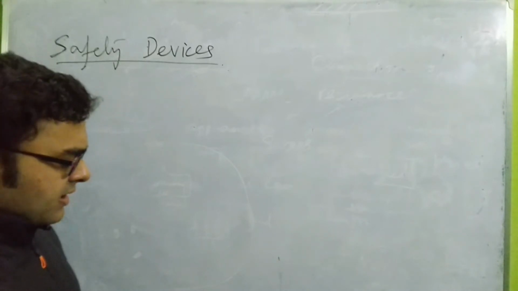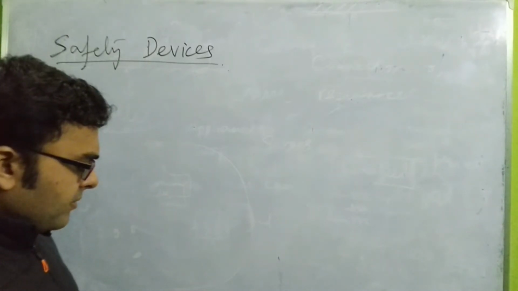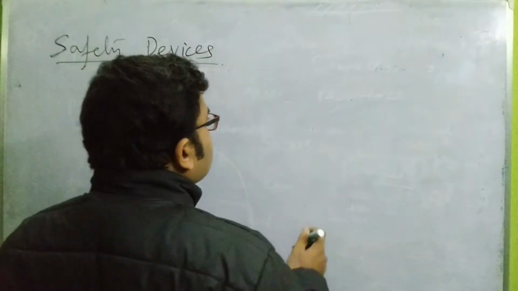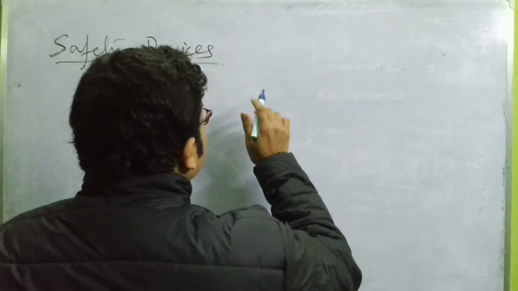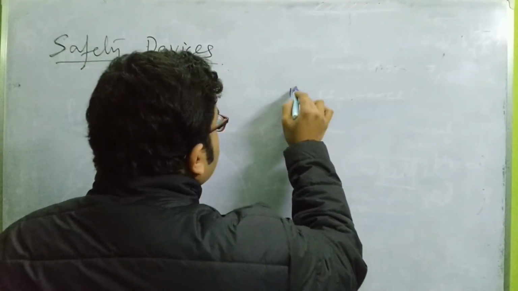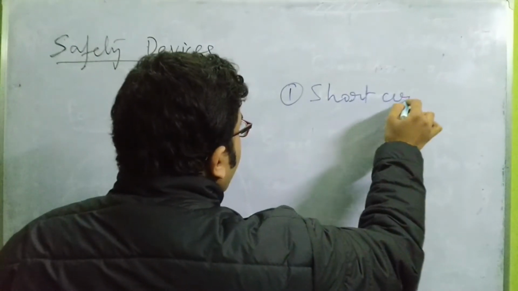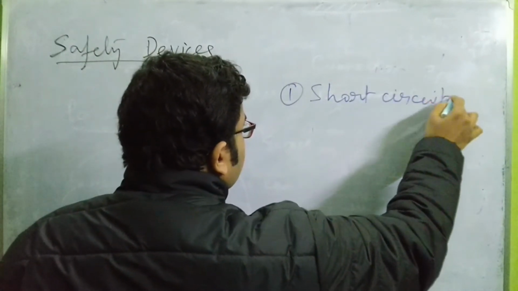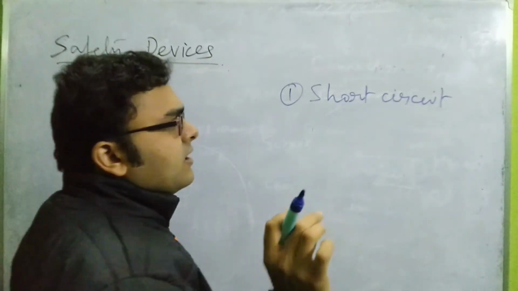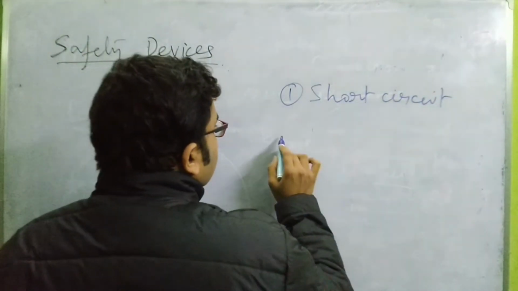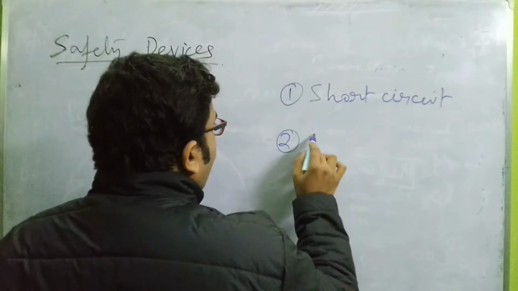Okay, so what are the main problems? Now see, the first one is that there can be a short circuit in your house. I'll be explaining these things step by step. Then there can be overloading.